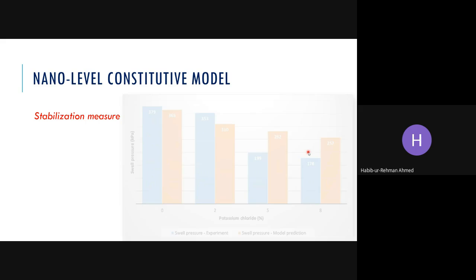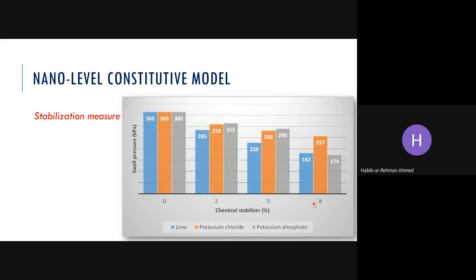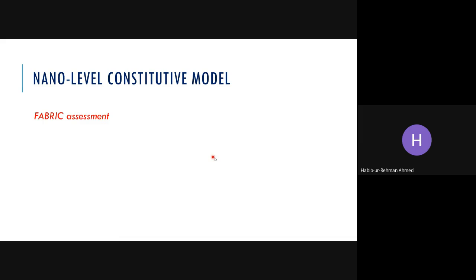Okay, and here potassium chloride, you can see again the swell pressure prediction by our nano level constitutive model. Okay, this is just a comparison now of different stabilizers together. So this gives us a very good idea of this one.